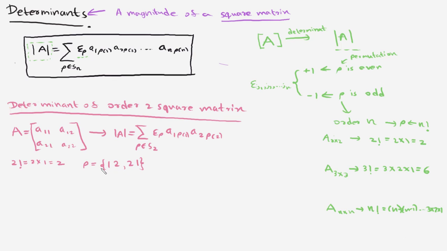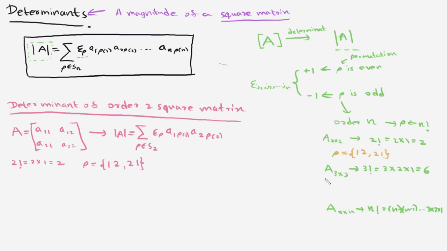Okay. So this is how we generate permutations for order 2. For an order 2 matrix, the permutation set will be 1, 2 and 2, 1, and that's it.